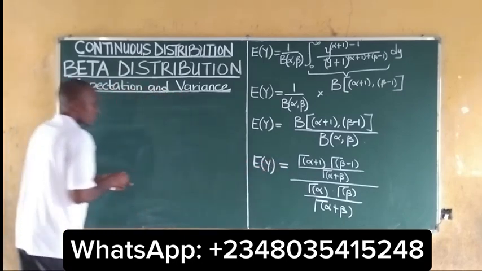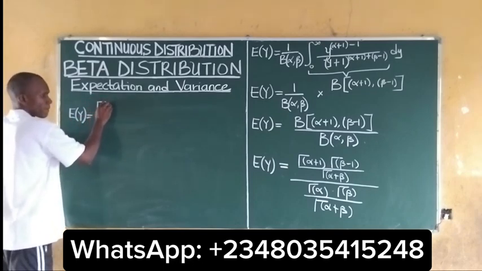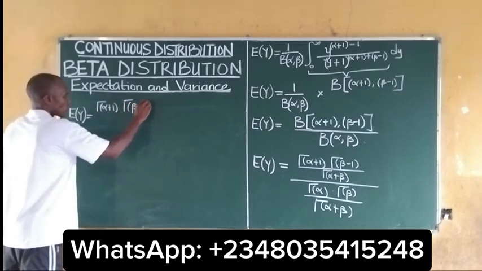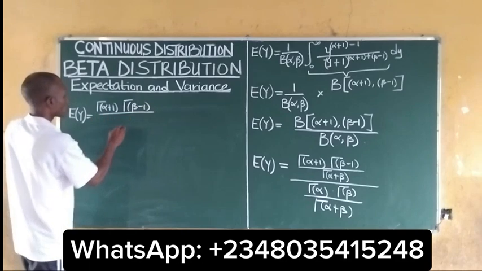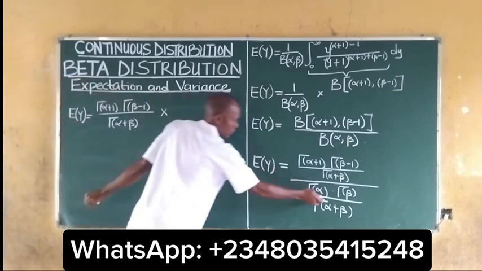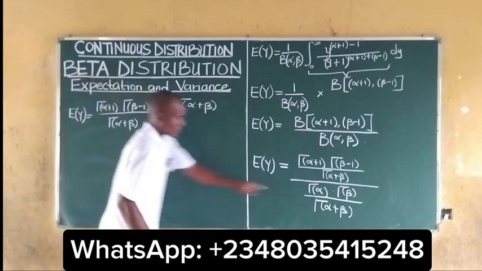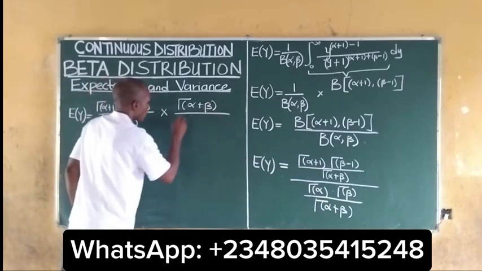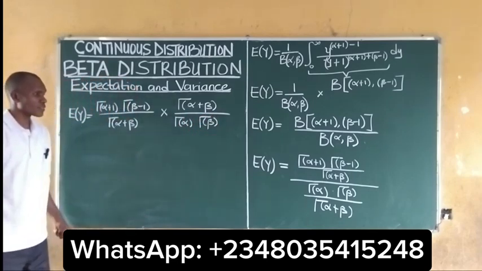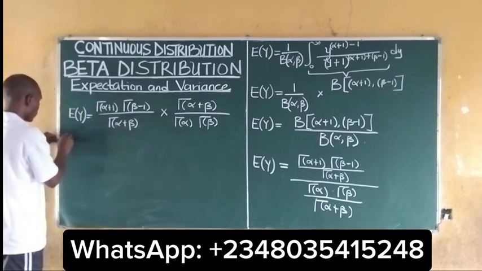Rewriting this, we get our expectation of y to be equal to gamma of alpha plus 1 into gamma of beta minus 1, all over gamma of alpha plus beta, multiplied by, this goes over to this side, gamma of alpha plus beta, all over gamma alpha gamma beta. That is it.